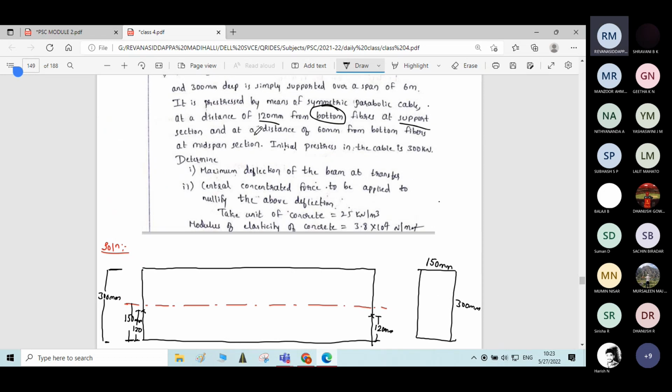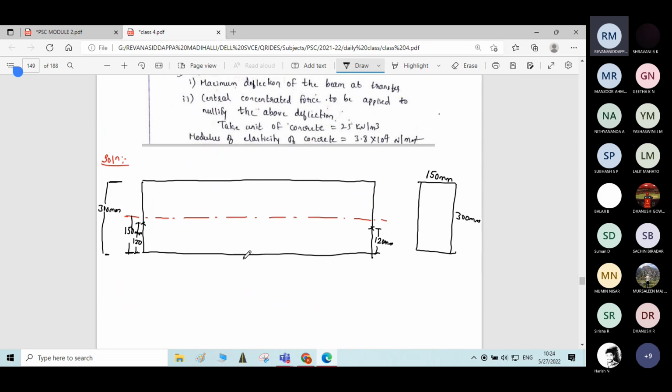Then at a distance of 60 mm from bottom fibers at midspan. At midspan from bottom fiber, it is at a distance of 60 mm. This is 60.